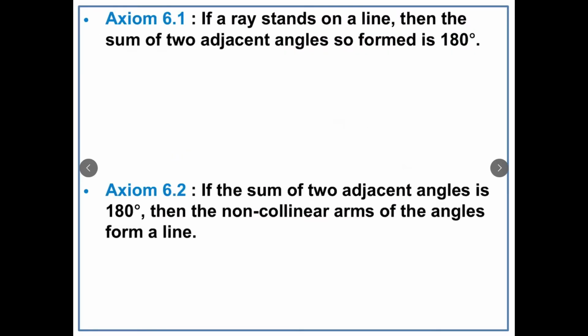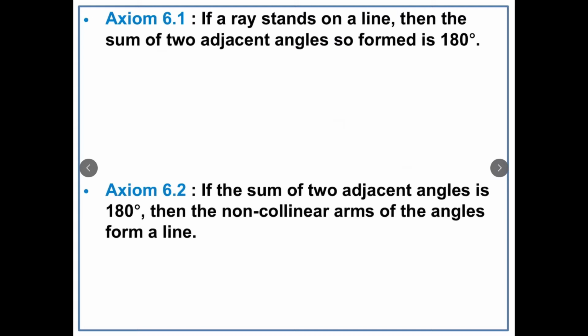Okay, moving ahead. Now we have two axioms. Like I said, in chapter 5 you will study that axioms are universal truths. We don't need proof for them. So this axiom is, if a ray stands on a line, then the sum of the two adjacent angles so formed is 180 degrees.